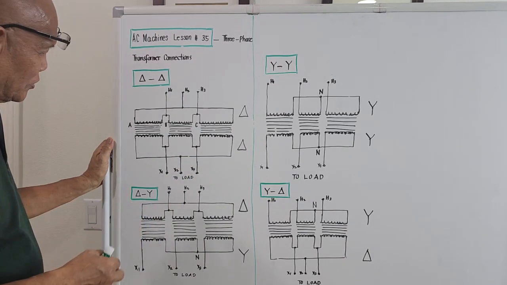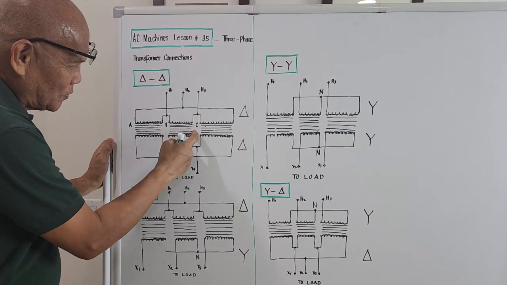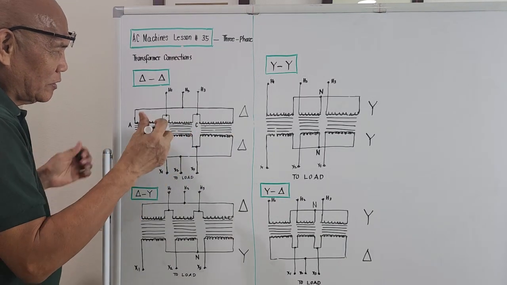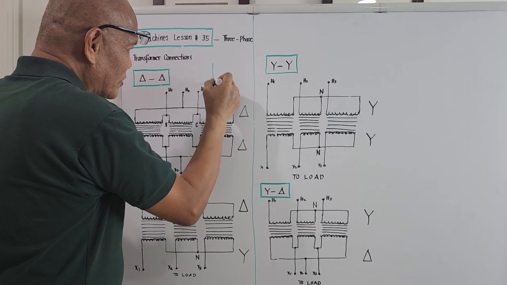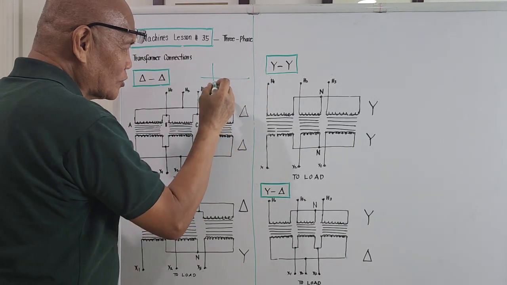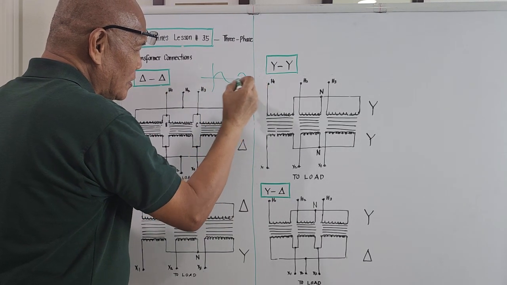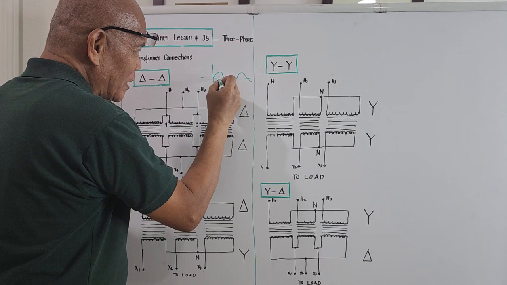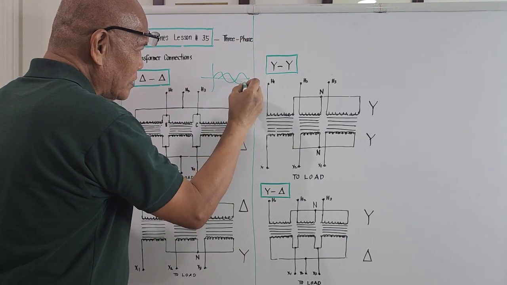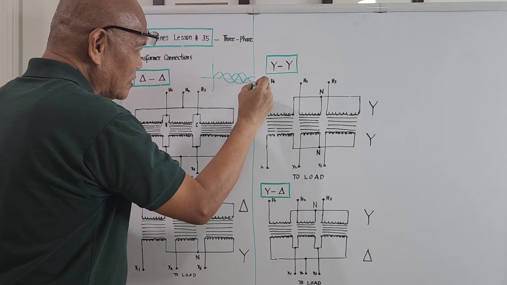I place a designation here, A. This is phase A, phase B, and this is phase C. Why is that so? It's on the graph of the induced voltage. This should be phase A, maybe. Phase B lags behind by 120 degrees, and phase C again lags behind by 120 degrees.